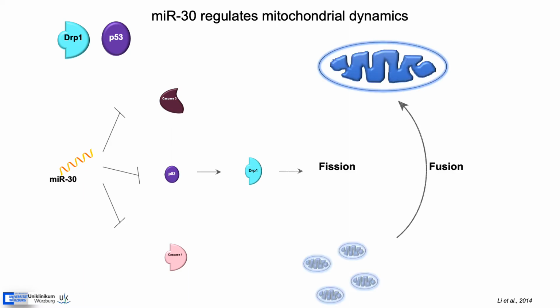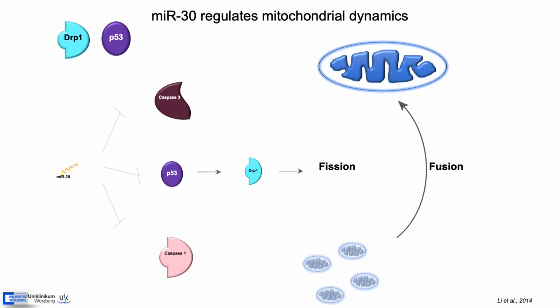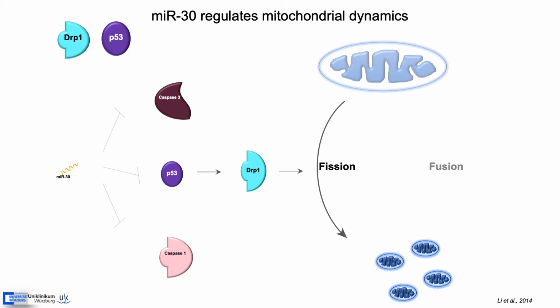This situation favors mitochondrial fusion. However, when MIR30 goes down, it upregulates proteins like P53, caspase-1, caspase-3. Because of the upregulation of P53, DRP1 is upregulated, and this situation favors mitochondrial fission.